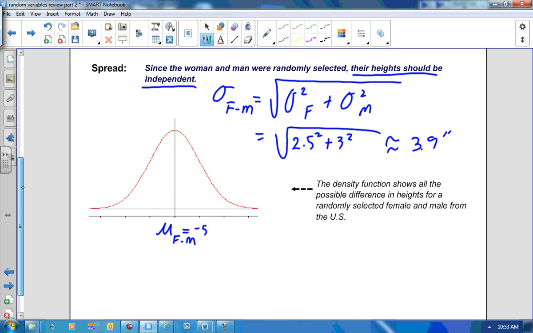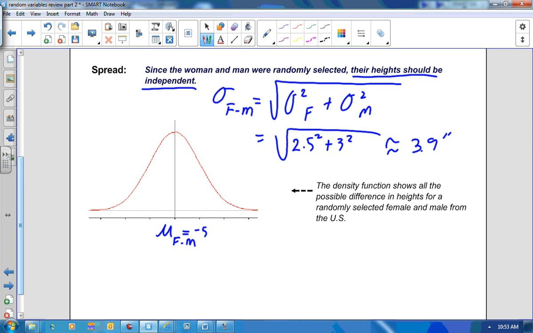Notice here that the density function shows all the possible differences in height for a randomly selected female and male from the U.S. The difference in heights will be centered at -5 inches. The standard deviation in the difference of heights is approximately 3.9 inches.